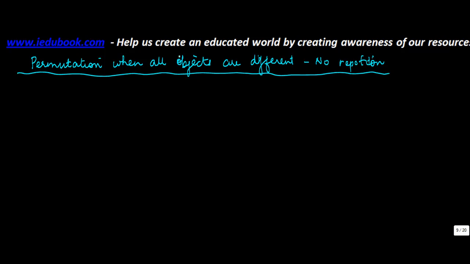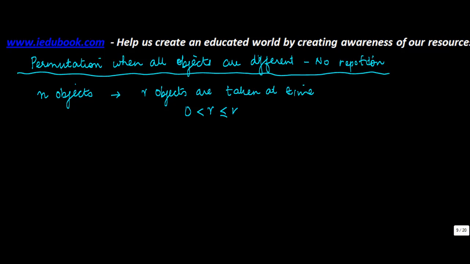In this case, let's say you take n objects, and the number of objects taken at a time are r objects, such that r is greater than 0 and less than or equal to n.